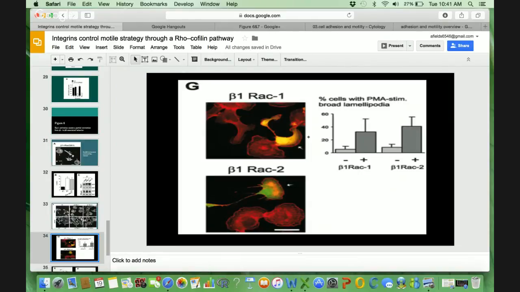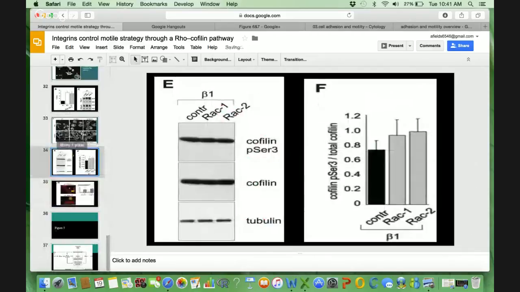So what they decided to do here was to actually look at the levels of Coughlin being expressed. So they phosphorylated Coughlin on the Ser3 beta 1 integrin. And as we observe here, there were no reductions in Coughlin expression and the total amount of Coughlin.